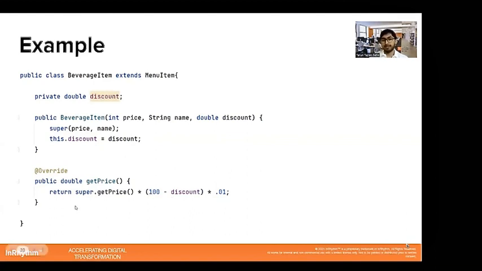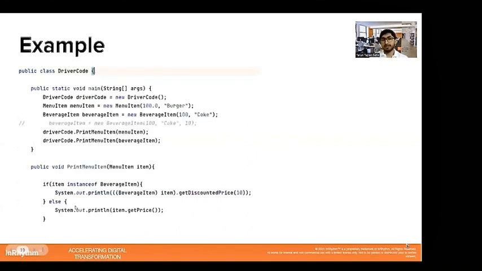Now what happens? Now we can simply get rid of the additional type check and then the casting. We can simply write the print menu method as system.out print line item.get price.